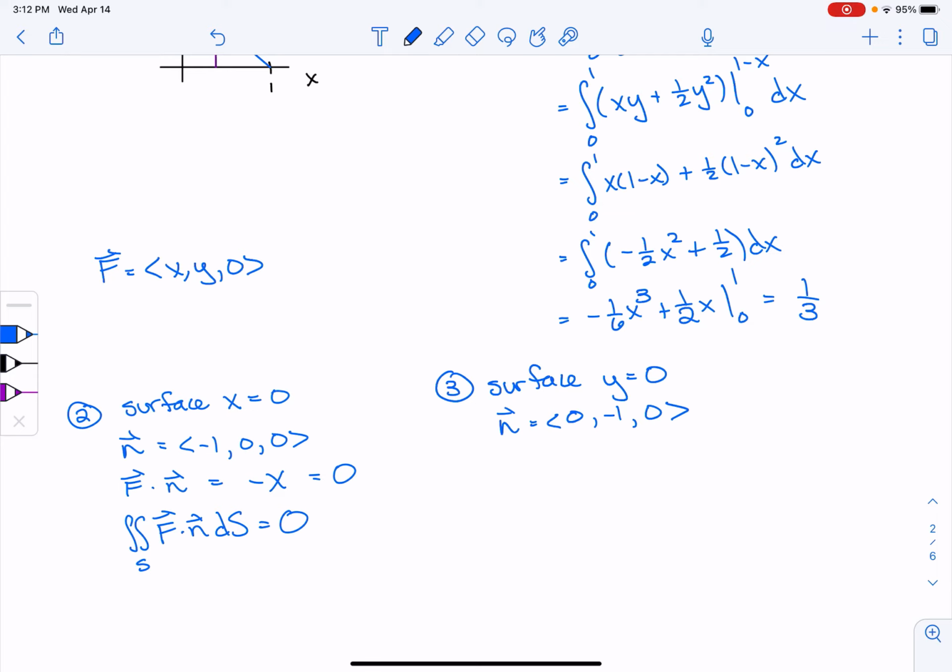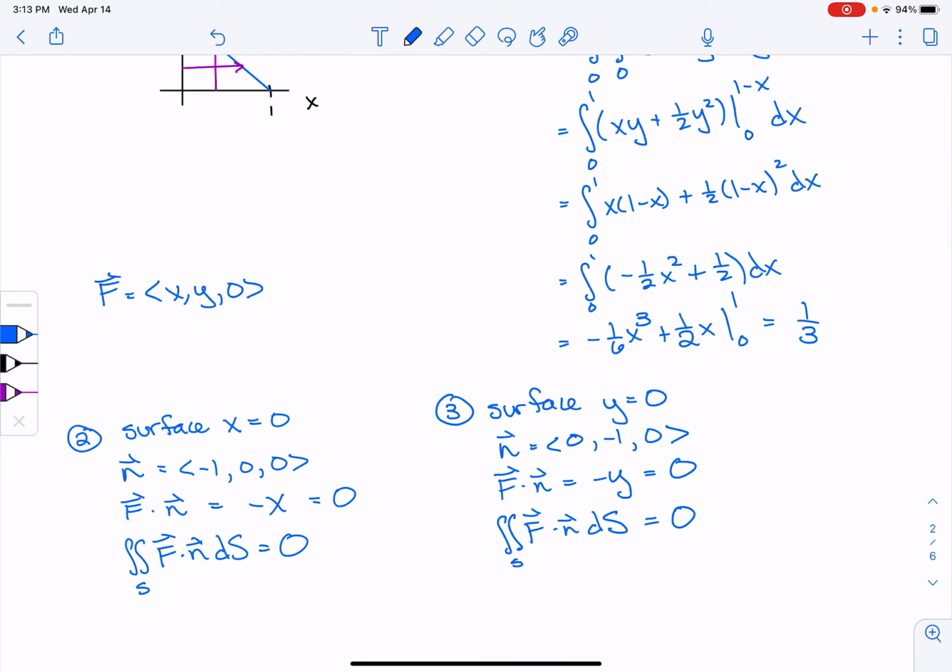Then in that case, f dot n is -y, but we're on the surface y equals 0, so we get 0. And so the flux through that surface of f dot n ds is going to be 0. So if we go through the plane y equals 0, we get a flux of 0.